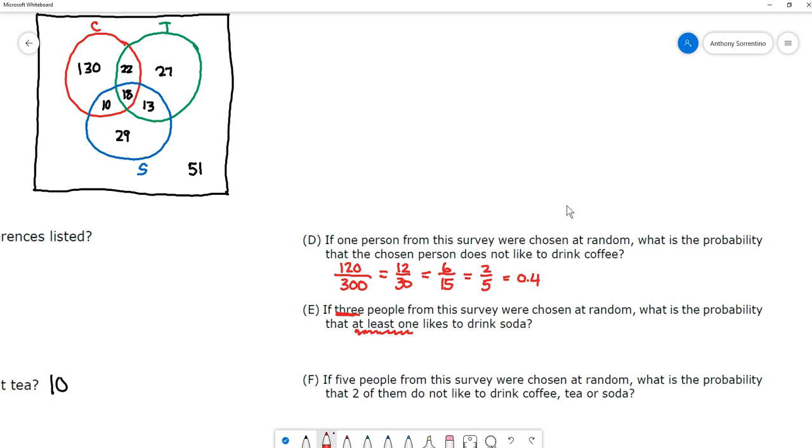So what I have to then do is a lot of various combinations.